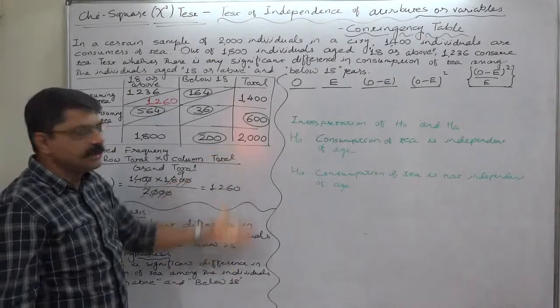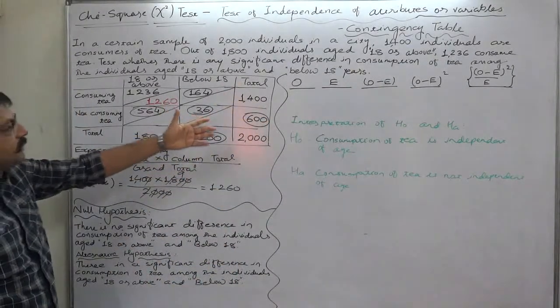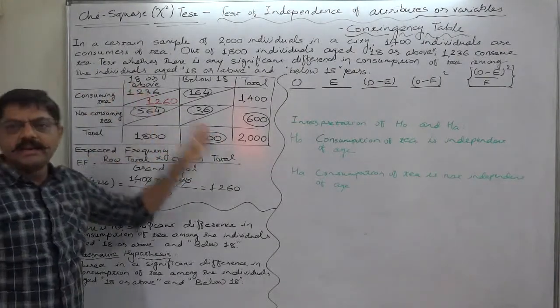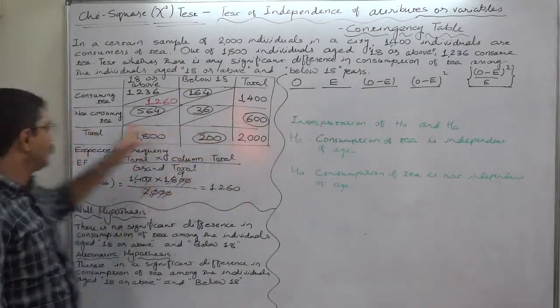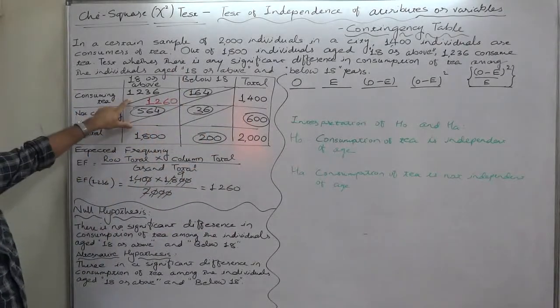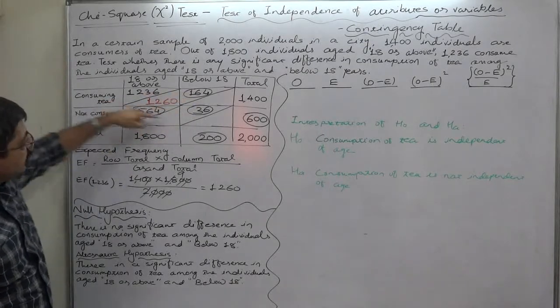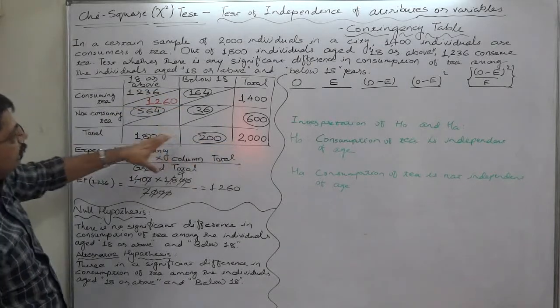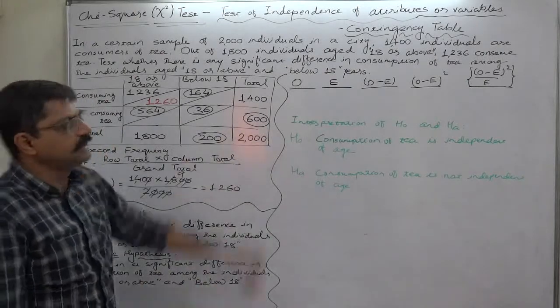A survey of 2000 individuals was made, out of which 1400 are consumers of tea, 1800 are 18 or above, 200 below 18, 600 not consuming tea. These are real values out of 2000. But we need to find out expected frequency for our purpose of testing of hypothesis.